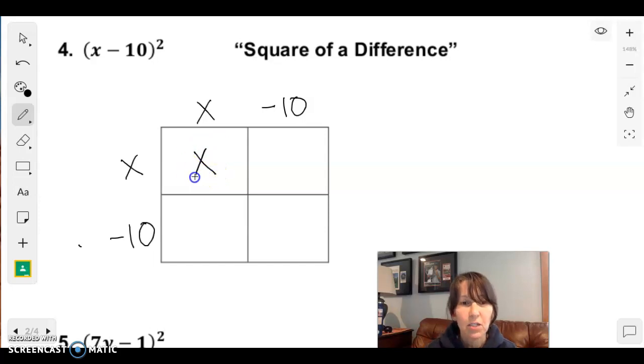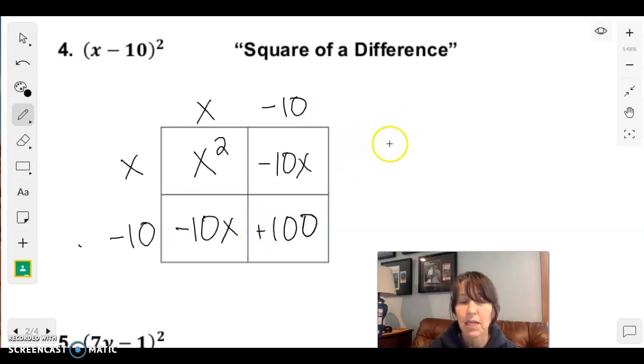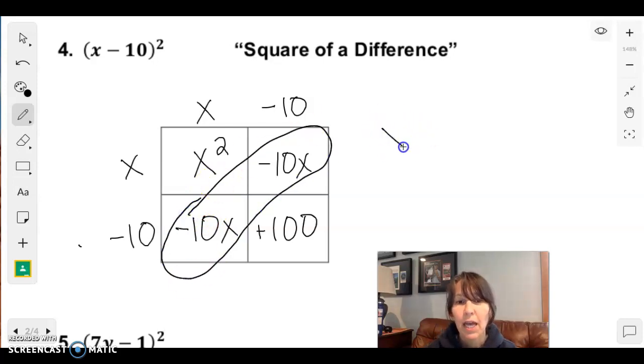So we get our x squared. We're going to get a negative 10x and another negative 10x. And then down here we've got positive 100 because we've got a negative times a negative. So we're going to get another trinomial. x squared minus 20x plus 100.